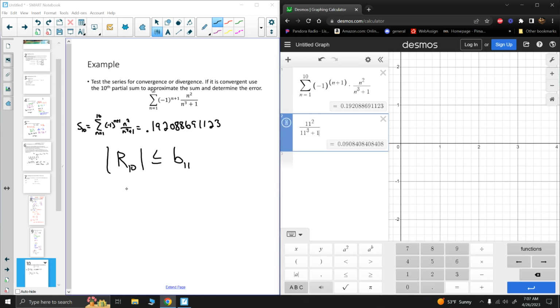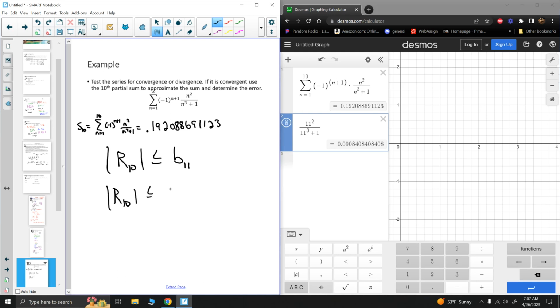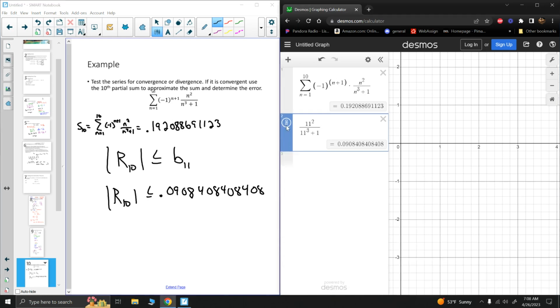Okay, so our error is less than or equal to 0.0908408408408. That's repeating, obviously, so it's a fraction of 121 over 1332, but that's our error rate. Okay, cool.